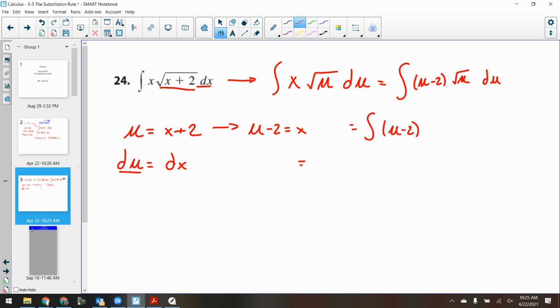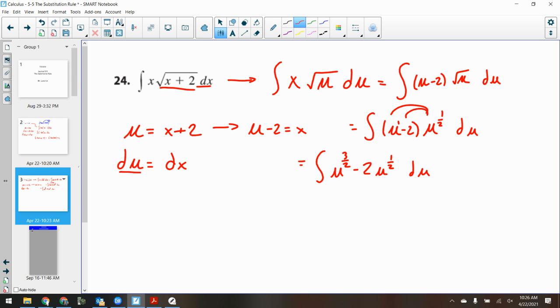That's u minus 2 times u to the 1/2 power du. And now let's distribute in. So u to the first times u to the 1/2. Same base, add exponents. u to the 1 plus 1/2 is 1.5 or 3/2. u to the 3/2 minus 2u to the 1/2 du.